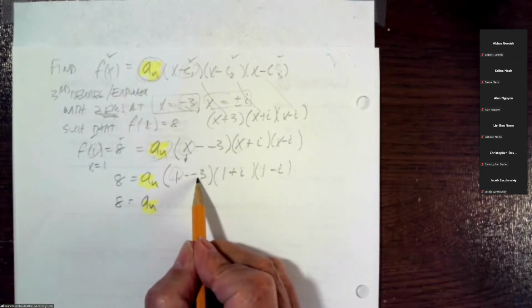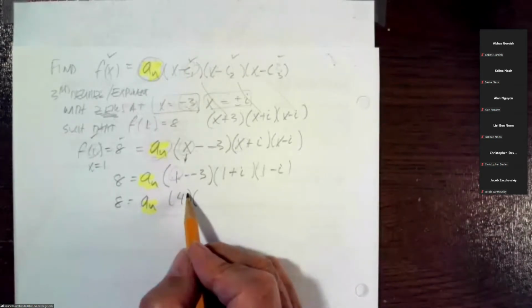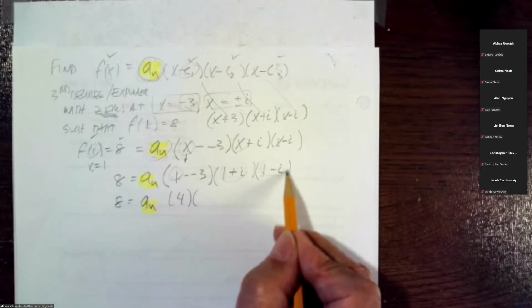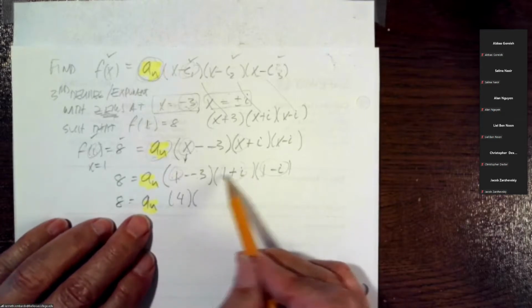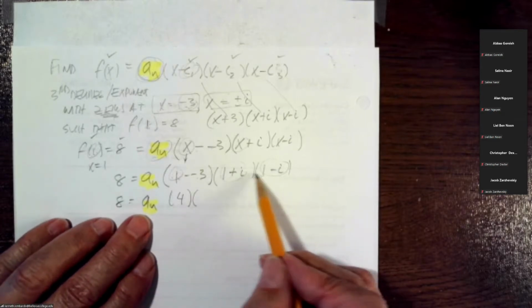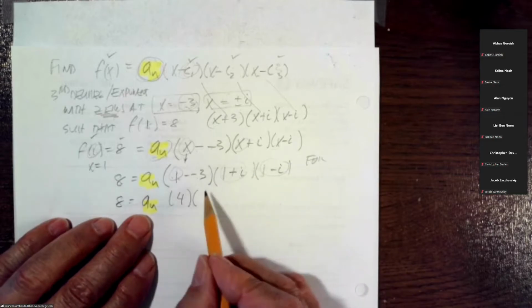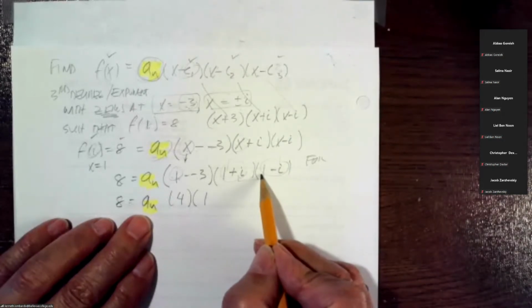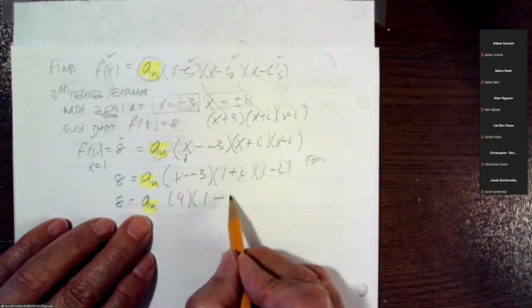1 minus negative 3, that's a 4, isn't it? And 1 plus i times 1 minus i. We can do the multiply and figure that out. If we FOIL that, first times first is 1. Outer is negative i. Inner is positive i. Those cancel. And last is negative i squared.